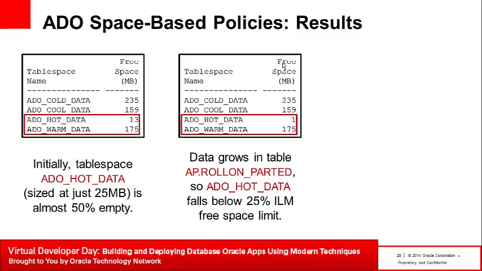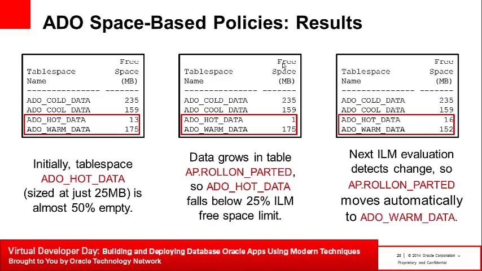Well, what happens? As a result of that ADO policy firing off, that space-based policy, with me doing nothing else, automatically the segment has now been moved from ADO hot data to ADO warm data, and it's reflected automatically inside the two different table spaces space allocations.